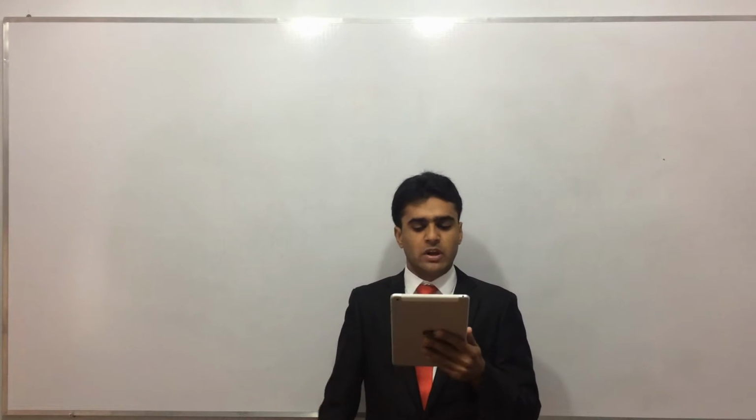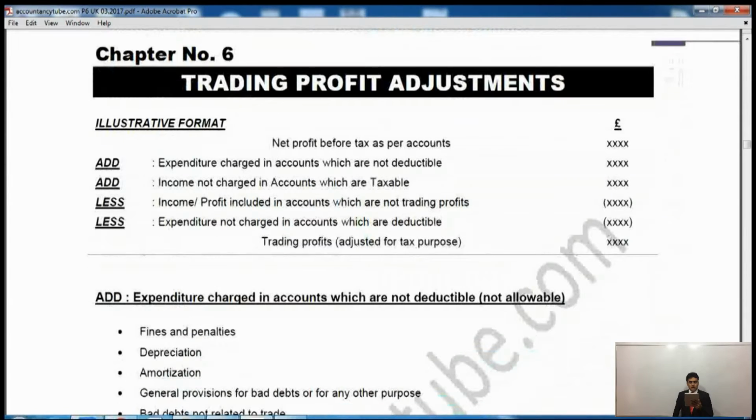Now here on the screen it says trading profit adjustments on page 26. First, net profit before tax as per accounts. As I said, when you look at the income statement, it will show net profit before tax, and we will put that amount here, net profit as per accounts. Now what we will add here is expenditure charged in the accounts by the management accountant, which has been deducted but is not deductible.